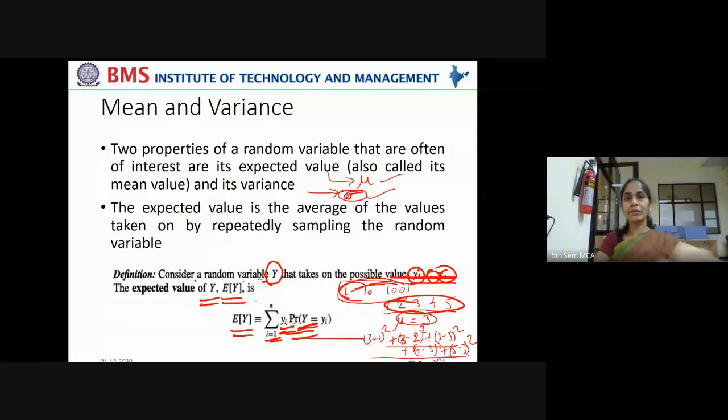Got it? I'll give you an example, you'll understand better. The expected value of y is calculated as the sum of the product of the random variable's value and the probability of that random variable taking up that particular value. Right? That is called the expected value of y, or the mean of y, or average of y.